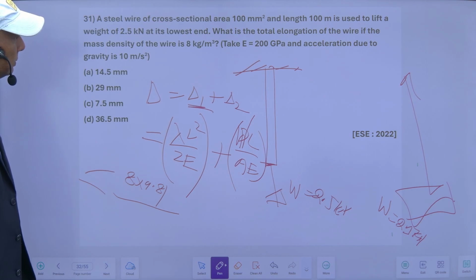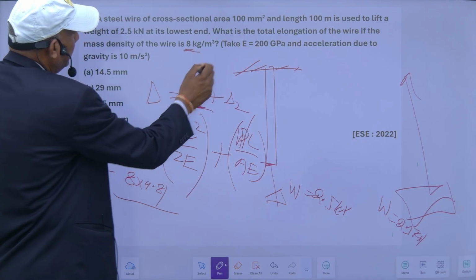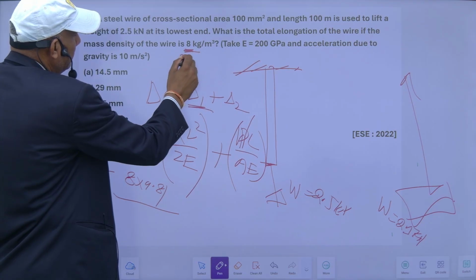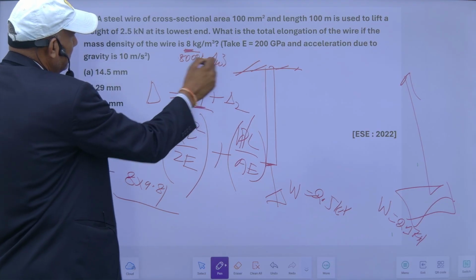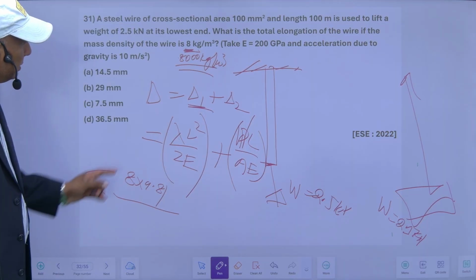I think there is some mistake. It is, I think, 8 kg into, I think this should be the weight. So this is the correct, some correction is there. So it is actually this one.